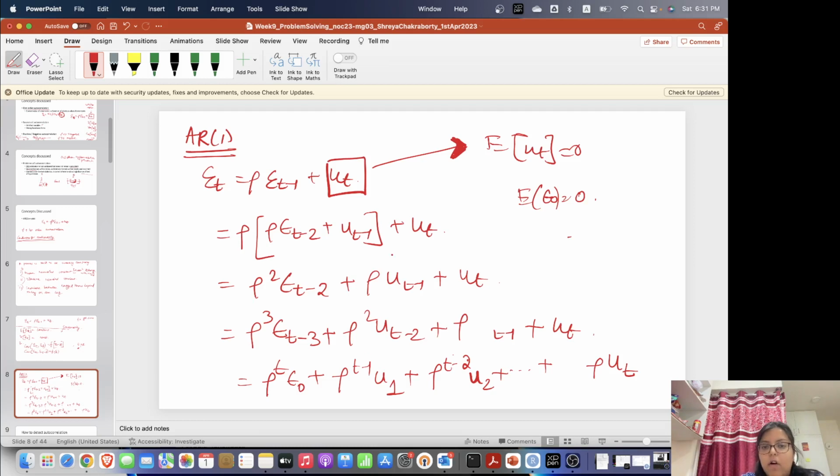And also expectation of u's are also 0. So then the entire thing, if we take expectation of epsilon t, then it becomes 0, which is constant.